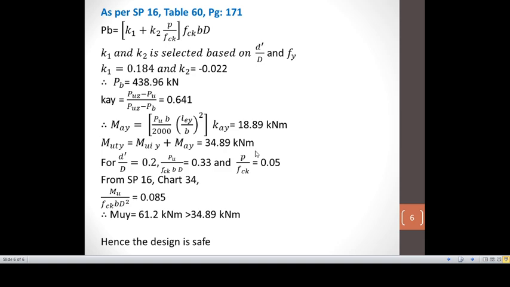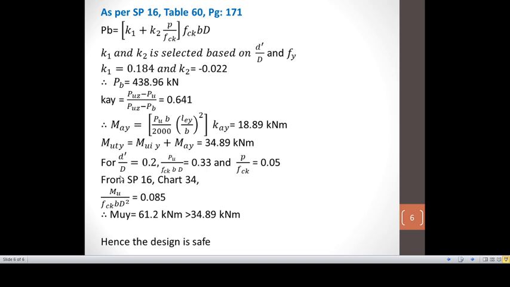So we are going to check whether the already available design based on the x-axis is safe to take up this moment. To check that, I'm going to use SP16 chart number 34. This chart is changed because now the D dash by D value has changed.